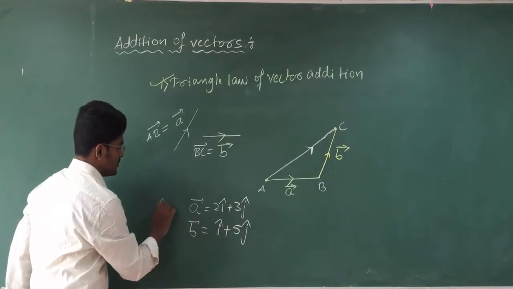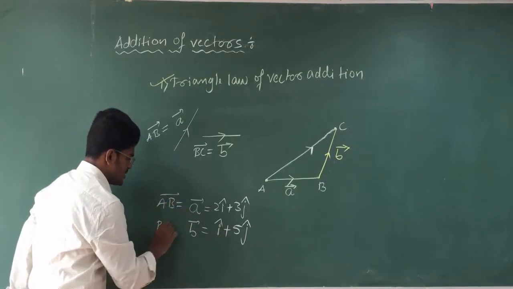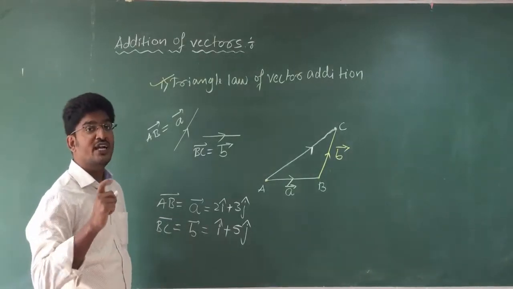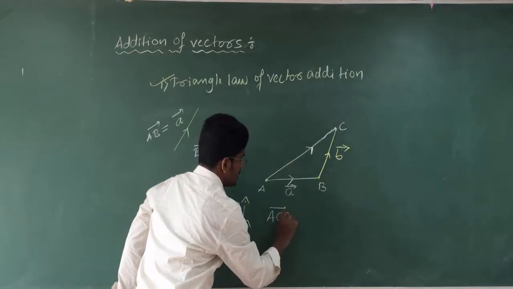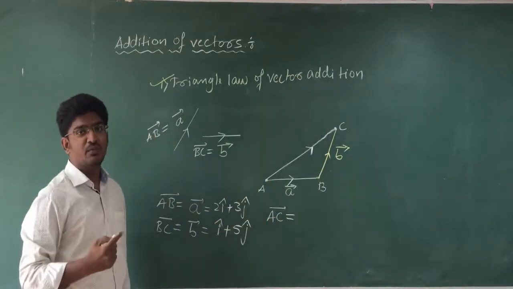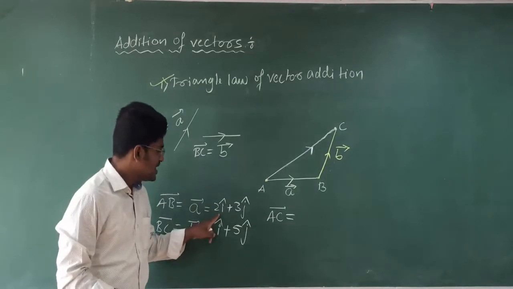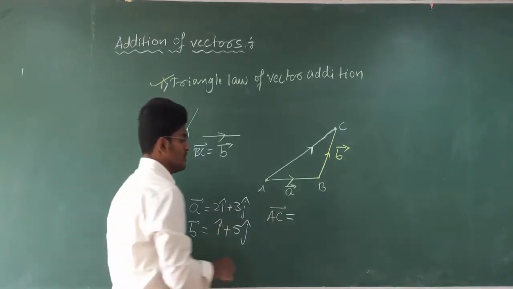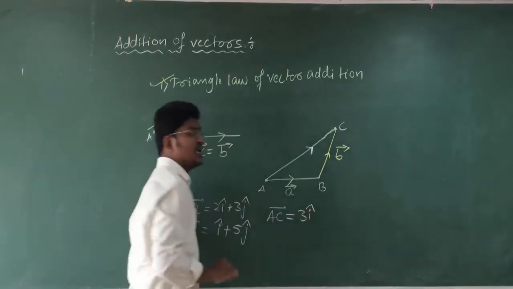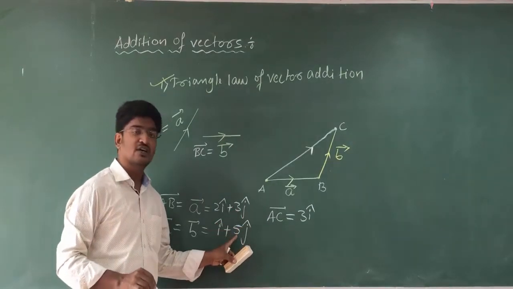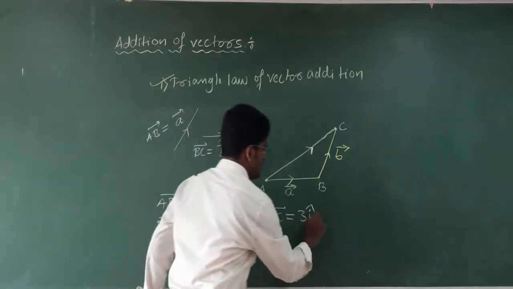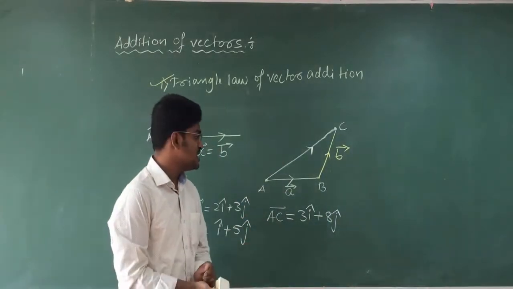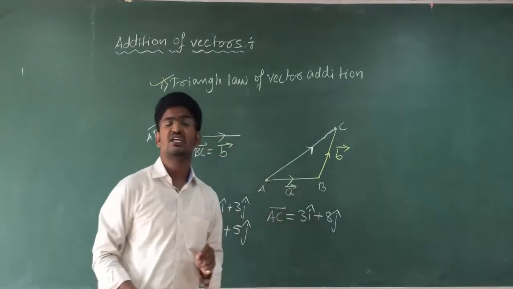Now if I want to find vector AC, the resultant of A and B, I cap with i cap you have to add. That means 2i cap plus i cap will be 3i cap. 3j cap plus 5j cap will be 8j cap. So now vector AC is 3i cap plus 8j cap.